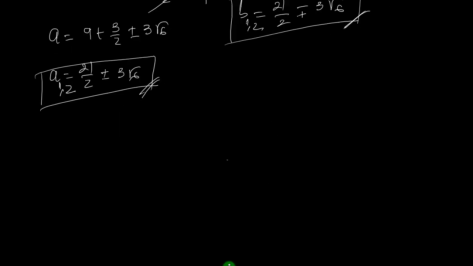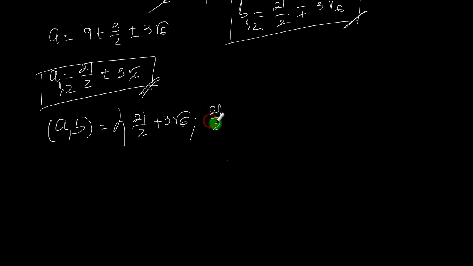If you want to write these solutions separately, you're going to give the solutions in terms of a and b. So the first one is a1, which is 21 over 2 plus 3 square root of 6, and the first value of b is 21 over 2 minus 3 square root of 6.